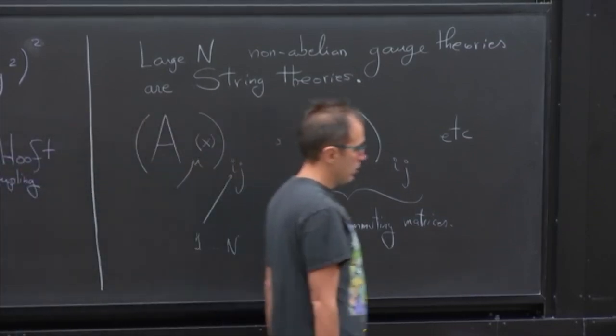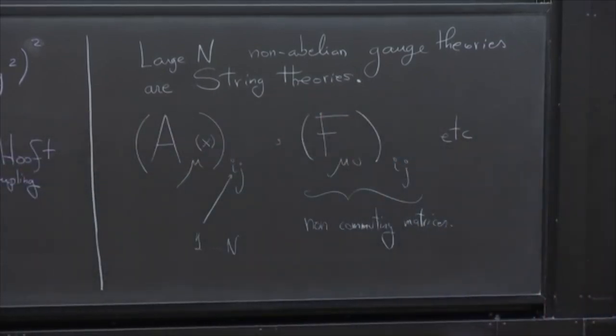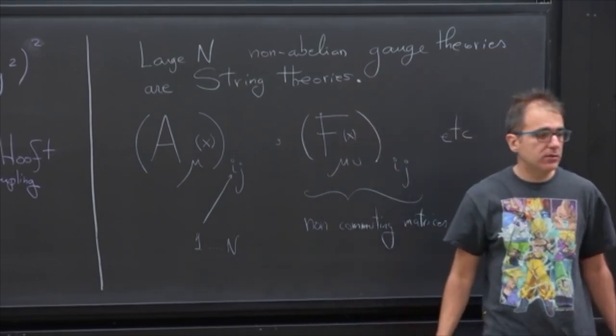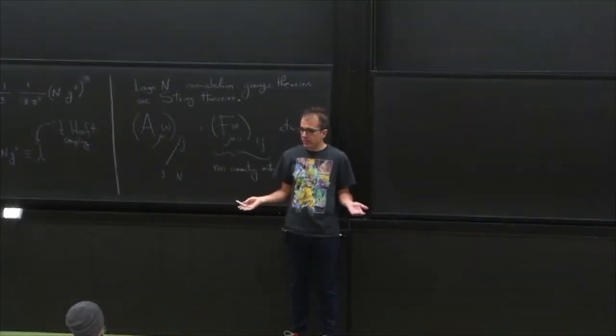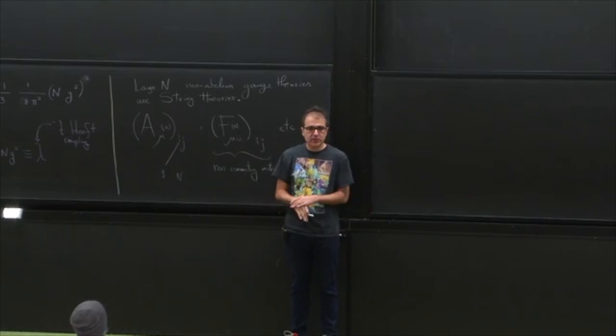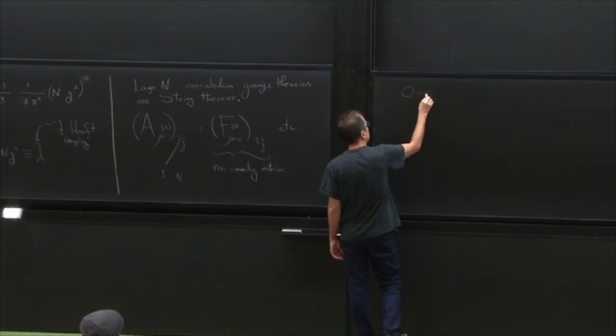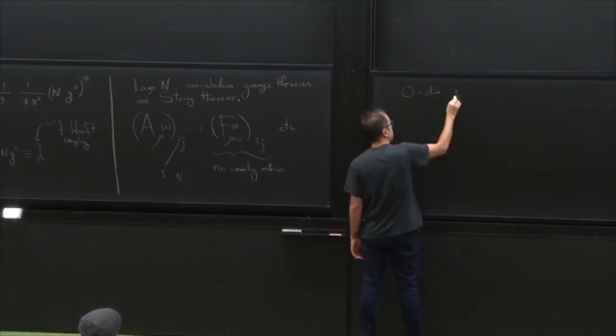Now, for the purpose of today and tomorrow, we are going to study the simplest non-abelian gauge theories, where x is a point in space-time. So you typically have space-time of 4 dimensions, 3 dimensions, 2 dimensions. We are going to consider space-times of 0 dimension. So we are going to study 0-dimensional gauge theories.